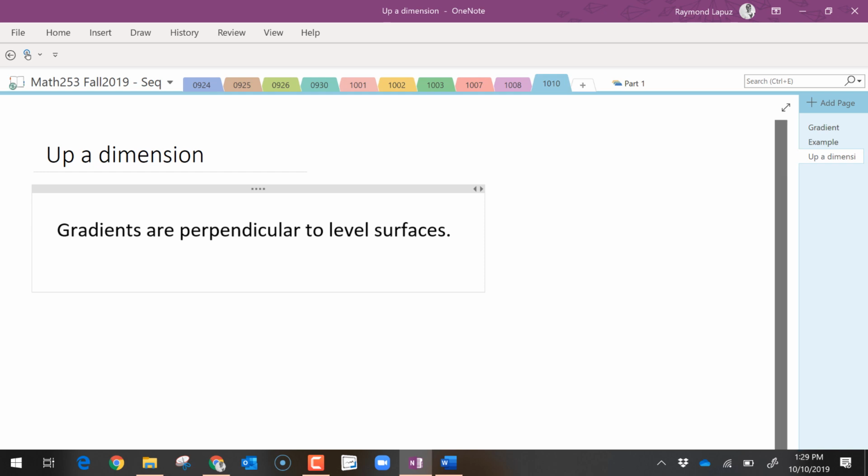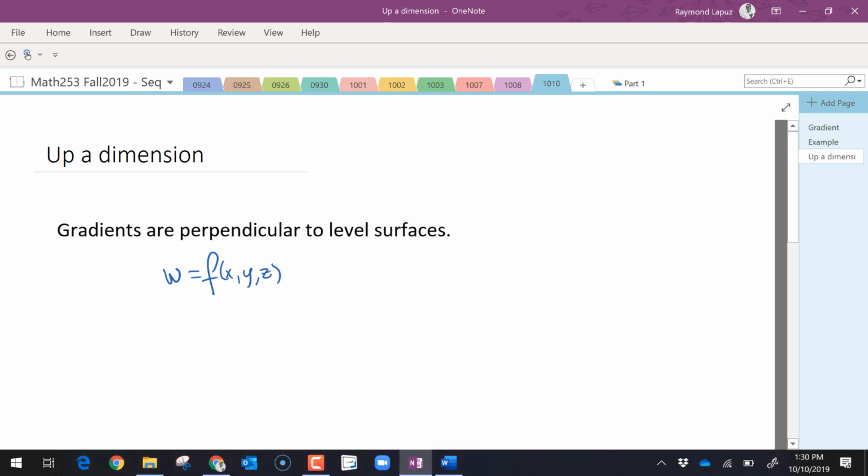So in this scenario, if you have a function now of 3 variables, you have a function of 3 variables. Now remember, the fourth dimension is something that we can't see. So W as a function of x, y, and z is not something that we can visualize.